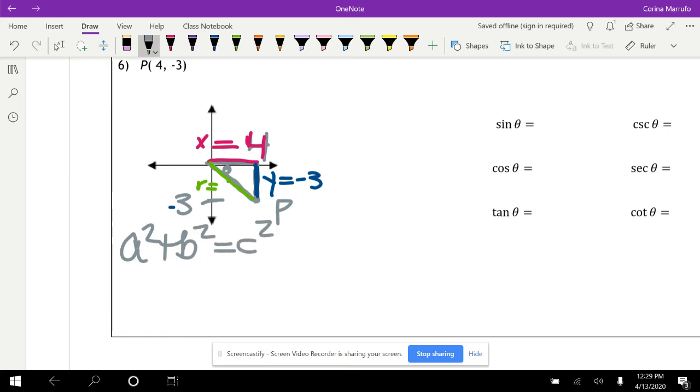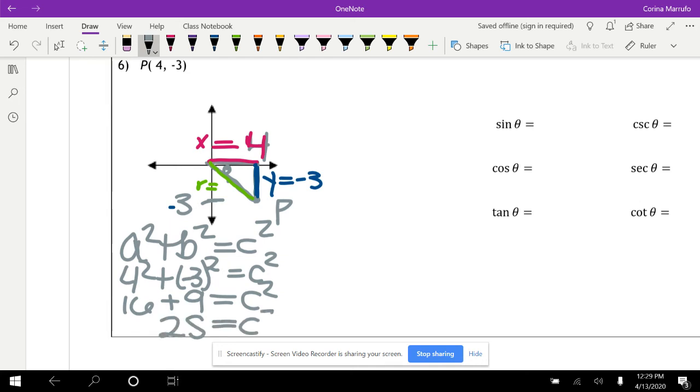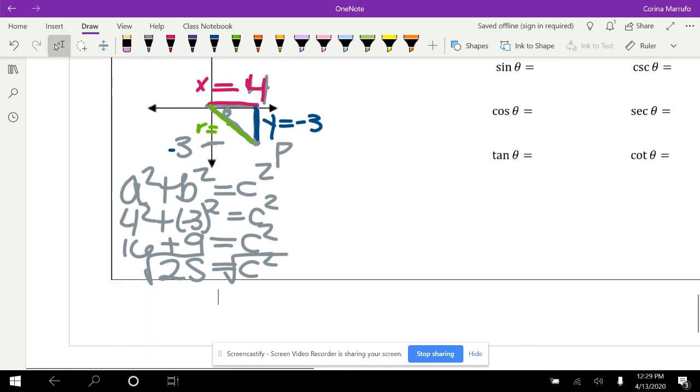In this case, we have 4 squared plus, remember you put the -3 in parentheses, and the squared outside of the parentheses equals c squared. So 4 squared is 16, and -3 squared is 9. So 16 plus 9 equals c squared. We add them together, and that gives us 25. And then we take the square root, and that gives us 5 equals c.